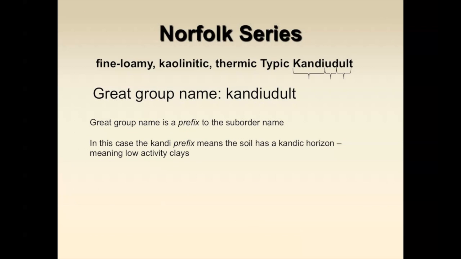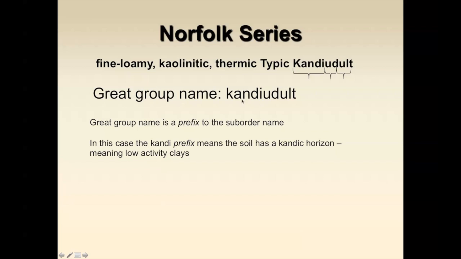So now we're looking at the great group name for the Norfolk series. So the great group name for the Norfolk series would be Candy Udalt. Okay, that means the great group name is a prefix for the suborder name. So the great group name, in fact, would be this Candy over here.